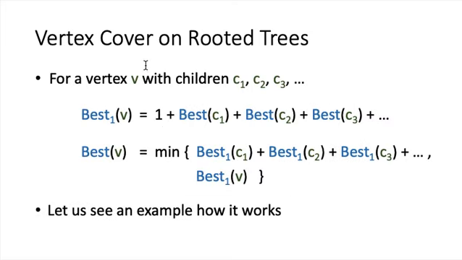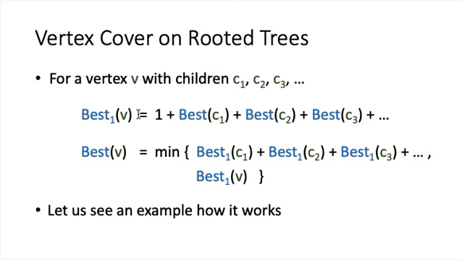Let's see how this can be done. Suppose that we have a vertex V, and this vertex V has children C1, C2, C3, and so forth. Now what does best 1 of V represent? It represents that I want to cover all the edges in the subtree rooted at V, but requiring that the root, which is V, has to place a guard.